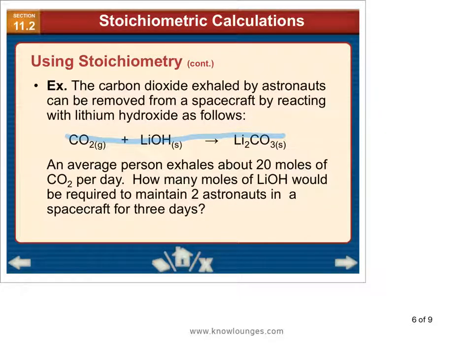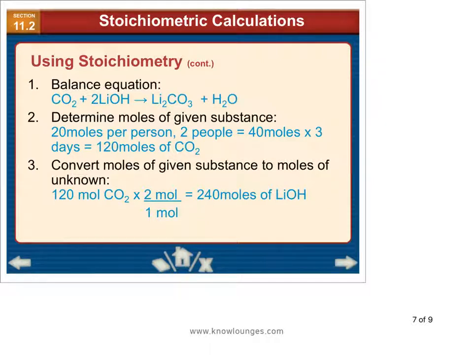A little example: we have carbon dioxide gas, lithium hydroxide solid, yields lithium carbonate, a solid. Here we start with 20 moles of CO2 per person per day, and we want to know how many moles of LiOH would be required to maintain 2 astronauts in a spacecraft for 3 days. So first I have to have a balanced chemical equation.